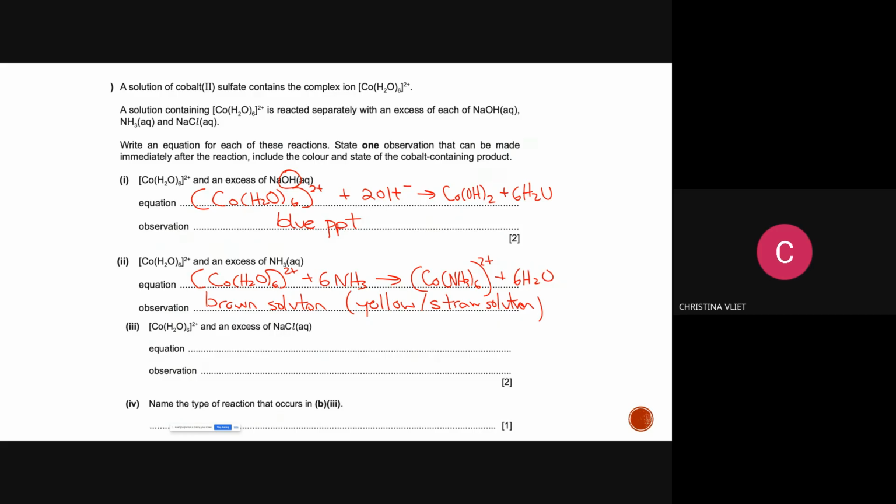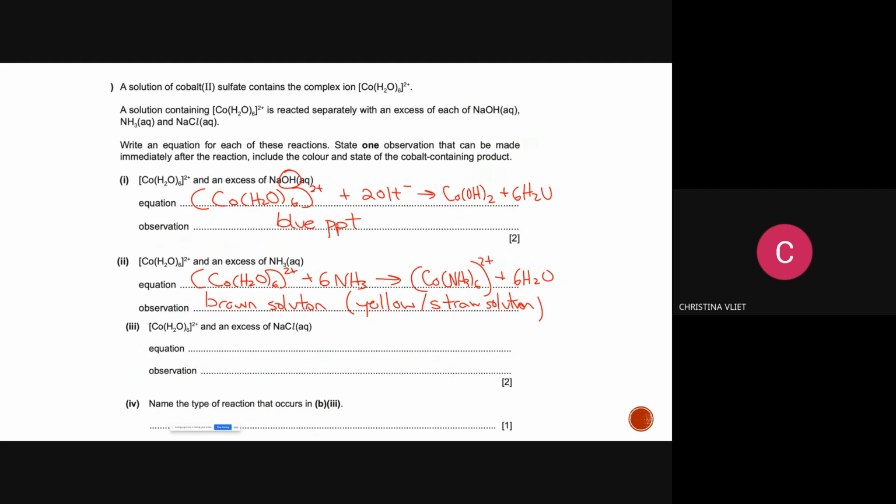They accept the straw, like the color of hay, I think is where that's coming from. If they put that in the mark scheme, that means people write that as a response somewhere.